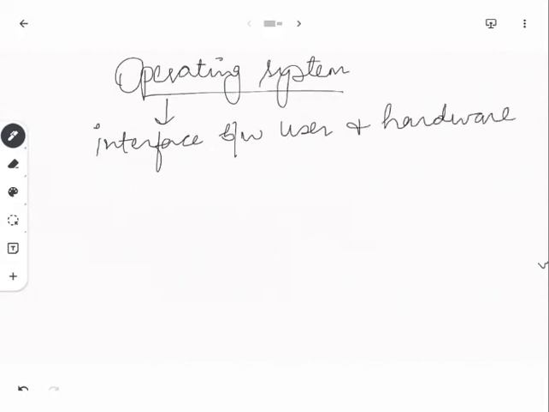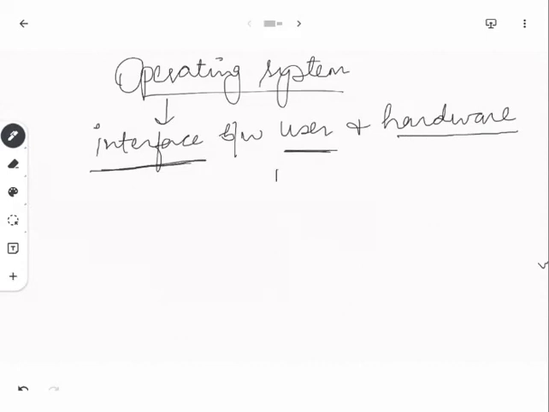This is the interface which is converting the input provided by the user into the output which your hardware is executing, or which hardware is providing to you after processing this user input.